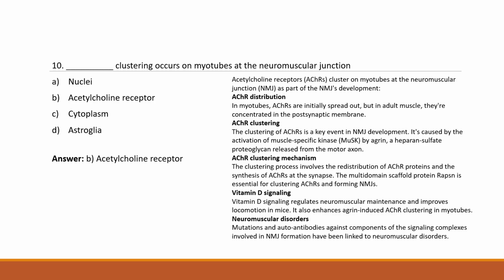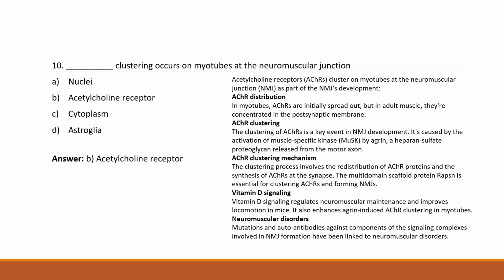Then the clustering of your acetylcholine receptors is a key event in the development, and it is caused by activation of muscle specific kinase by agrin, a heparin sulfate proteoglycan released from the motor axon. So for this clustering, it also needs the agrin.